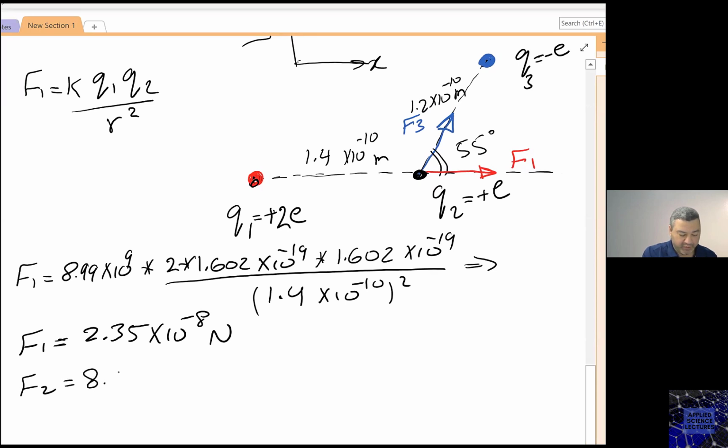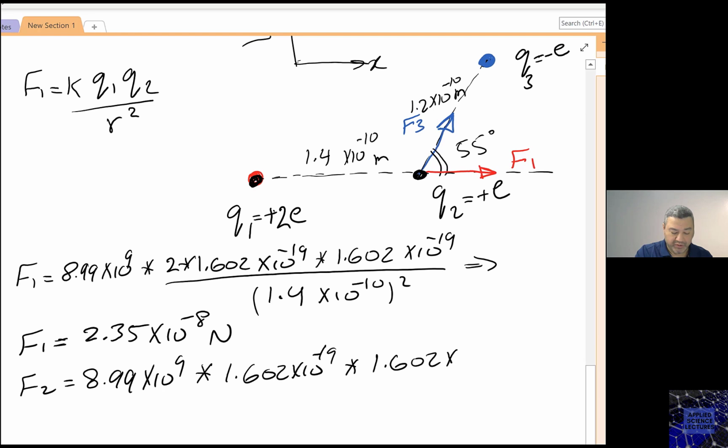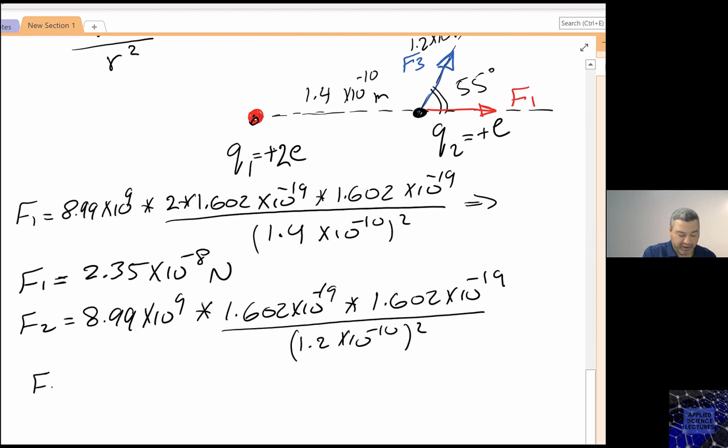F2 is 8.99 10 to the power 9 times Q1 is, again, magnitude, which is 1.602 10 to the power minus 19, times Q2 is plus 8 magnitude, 1.602 10 to the power minus 19 divided by 1.2 10 to the power minus 10 squared, and then F2 is, I'm sorry, this is F3.